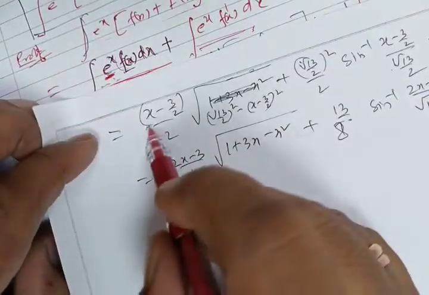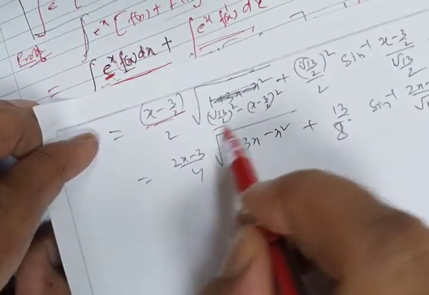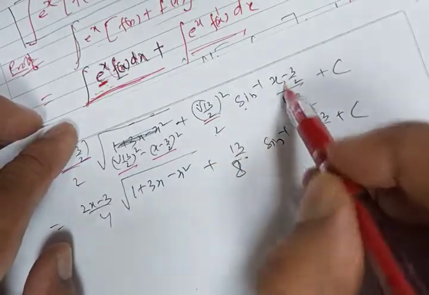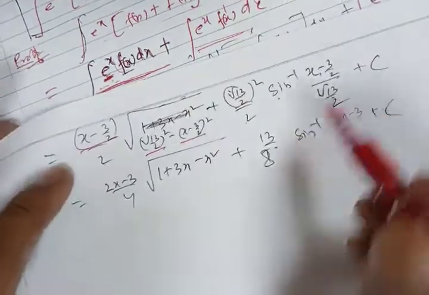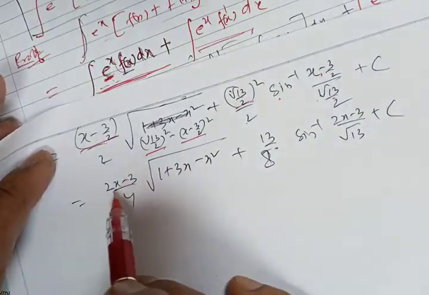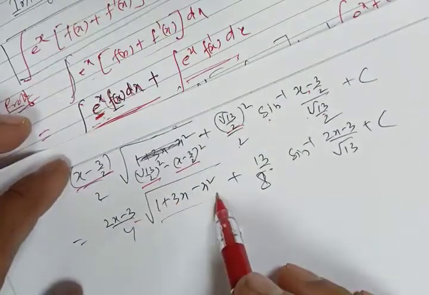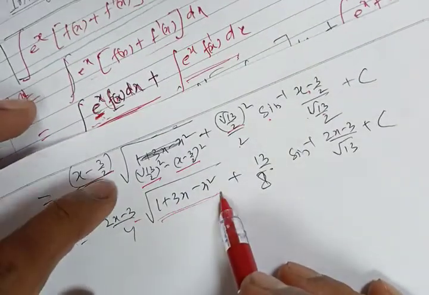Then we will use the formula, that is x by 2 root over a square minus x square plus a square by 2 sin inverse x by a. Okay, so if we simplify, this one is coming, now this one we get from this one. This is our original polynomial.